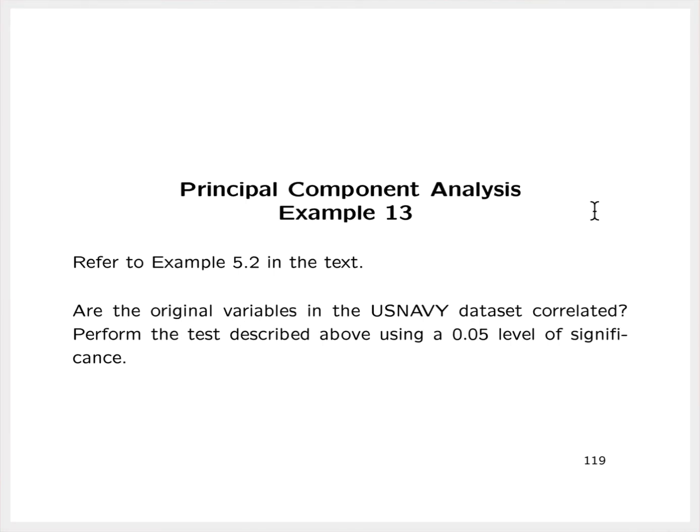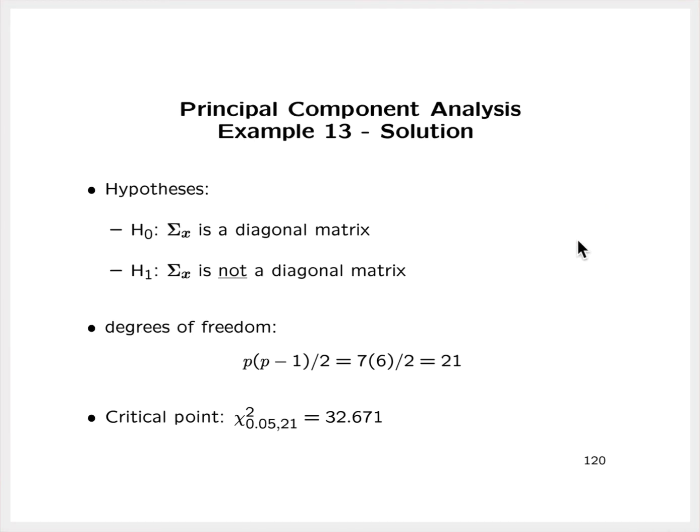The null hypothesis is that the population covariance matrix for these variables is a diagonal matrix, which is true if and only if the variables are pairwise uncorrelated, against the alternative that the covariance matrix is not diagonal. In other words, at least one pair of the variables has a non-zero correlation.